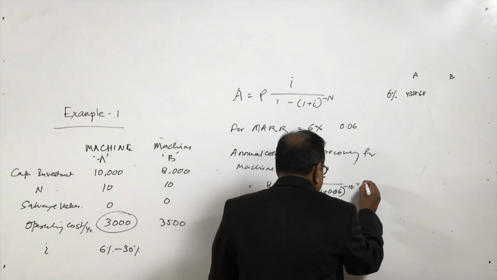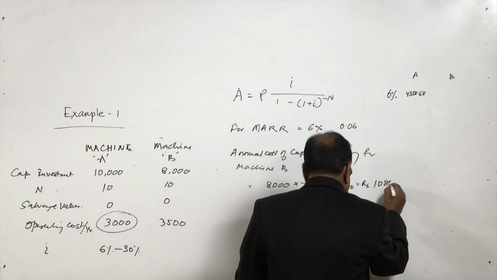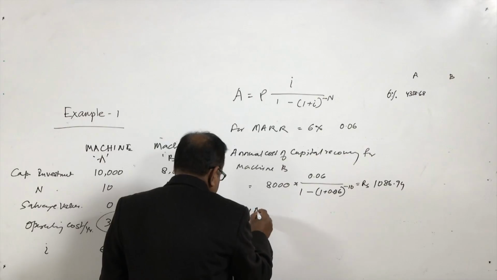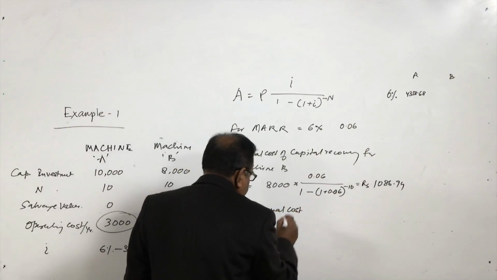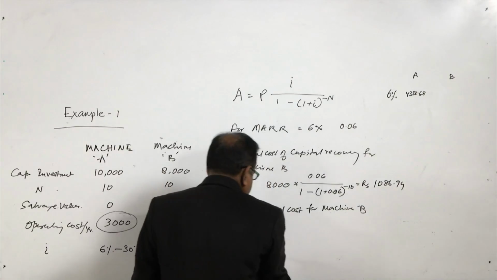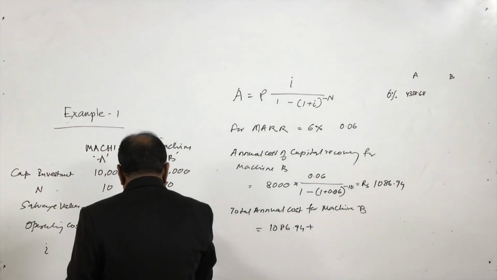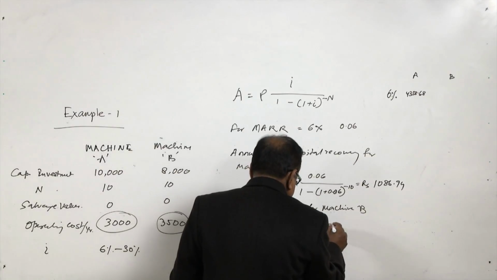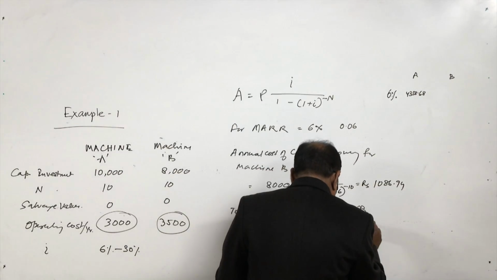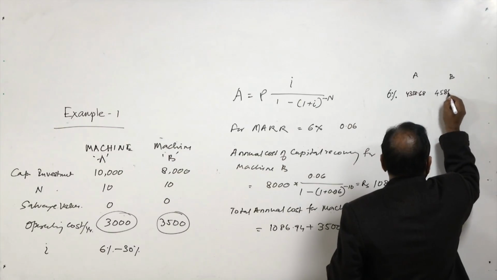This comes out to be rupees 1086.94. So, the total annual cost for machine B is equal to 1086.94 plus 3500, which comes to be 4586.94.